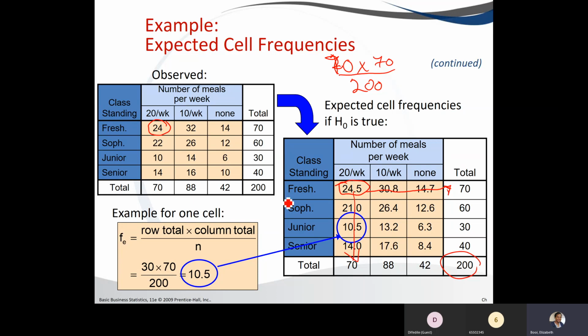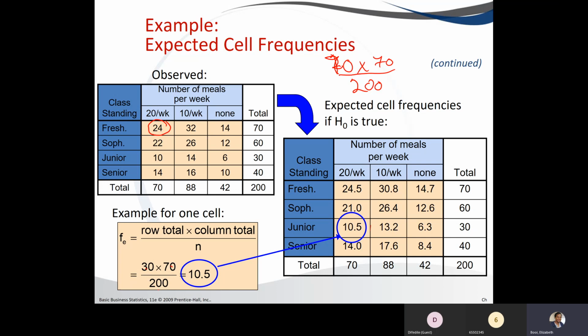So for example, to calculate the frequency for the blue cycle, the circled one you can see there, we take the row total, which is 30, and the column total, which is 70. So it will be 30 multiplied by 70, divided by 200. And you will have to do that for all of the values so that you can get the expected values.